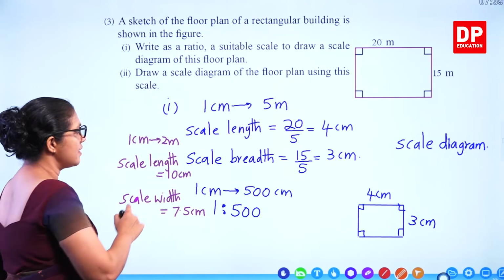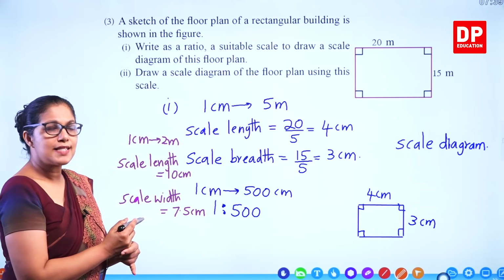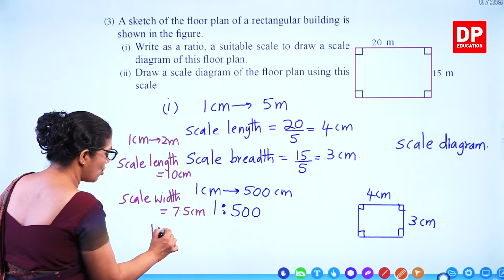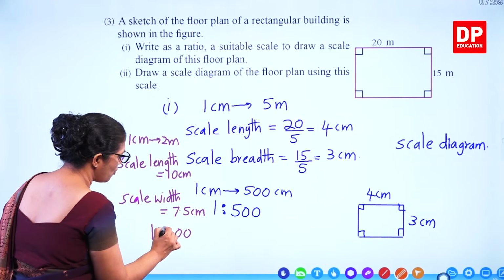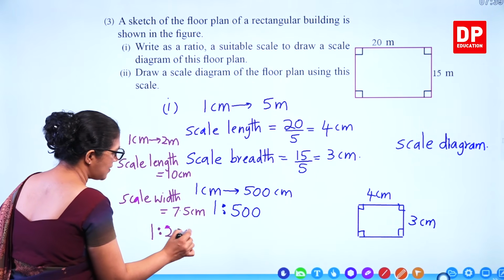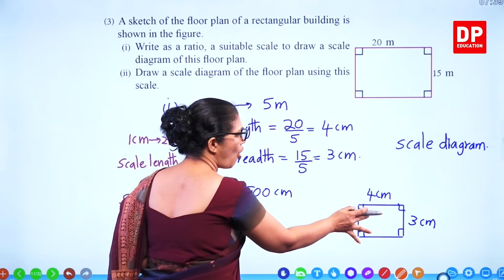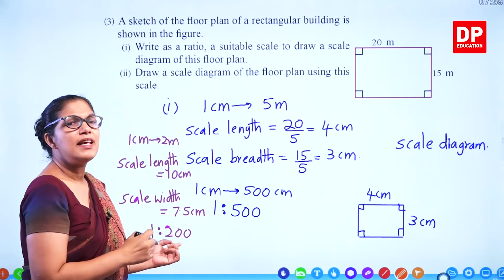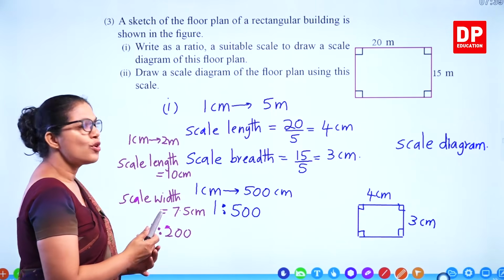So this becomes 10 centimeters and 7.5. What's this ratio? 1 to 200. So you can take any scale. If you think 4 centimeters and 3 centimeters is too small to draw, you can take this scale 1 to 200.